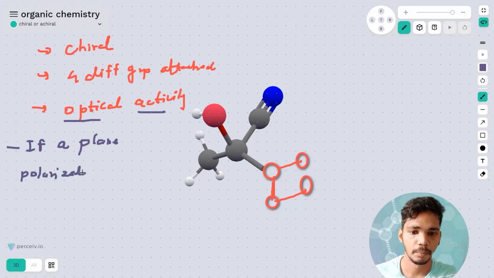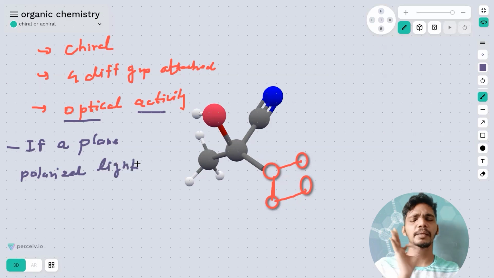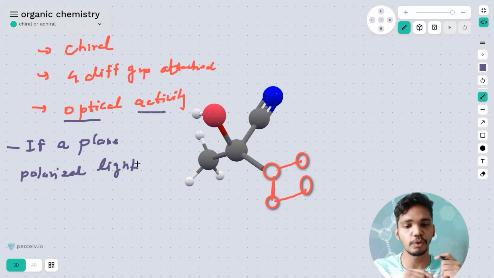plane polarized light. What is plane polarized light? A single beam of light. See, white color is a combination of all the colors, we know that. If I take orange color from the rainbow, that is monochromatic light. So plane polarized light means you are taking just one single beam of light, with no different chroma.